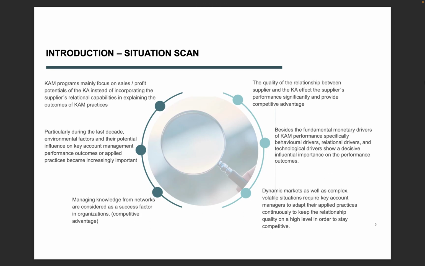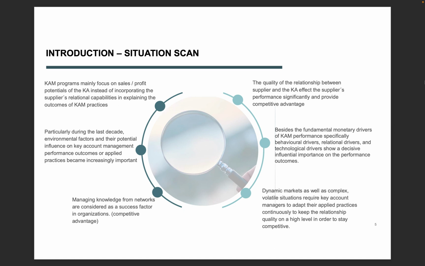What's the situation scan? I have basically 6 major points that I've mentioned here. KAM programs mainly focused on sales profit potentials of the key accounts instead of incorporating the supplier's relational capabilities in explaining the outcomes of KAM practices.